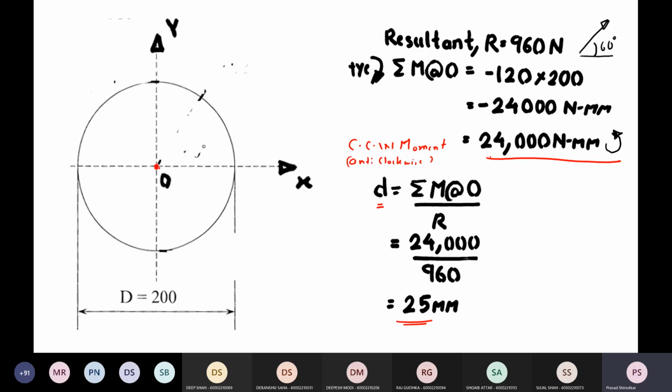So I have to place this resultant 960 Newton at an angle of 60 degrees, and it should cause a moment of 24,000 Newton mm. So this is the resultant, and this is the distance D. R is 960 newtons, this angle is 60 degrees, and D is 25 mm.